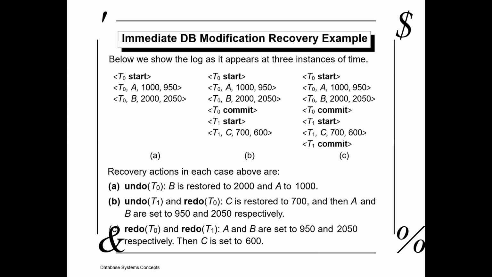Pratyusha, if the commit operation occurs, what are the values going to be there in the database? 200 and 400. 200 and 400, the new values are going to be there, no?